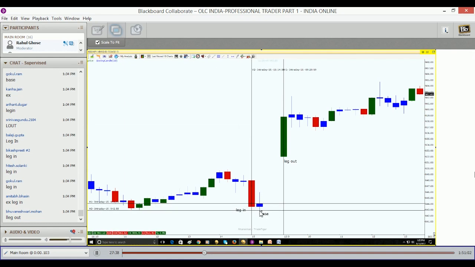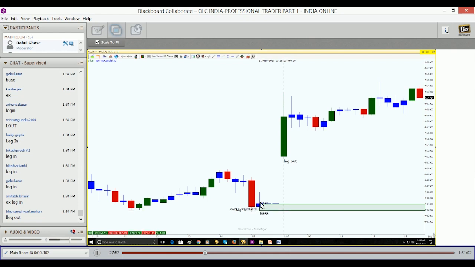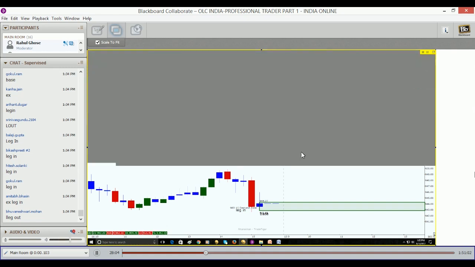Select my demand zone tool from the top left corner and mark this as my demand zone. I then remove these lines. This becomes my demand zone in Infosys on the 15-minute chart.